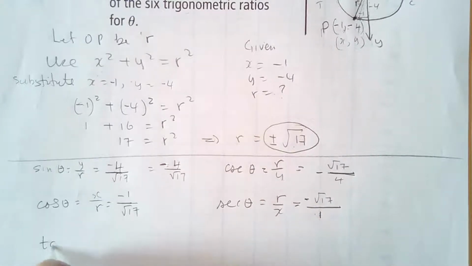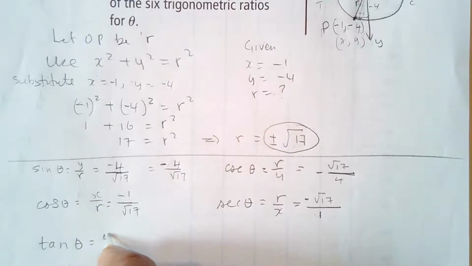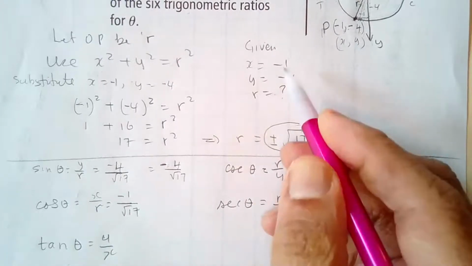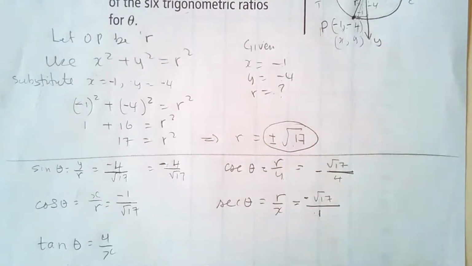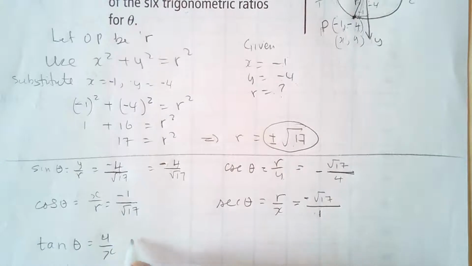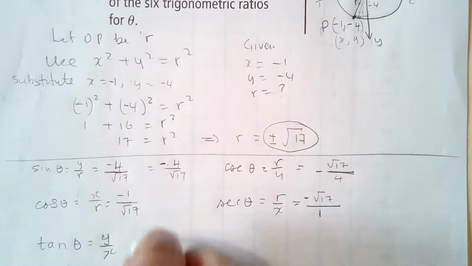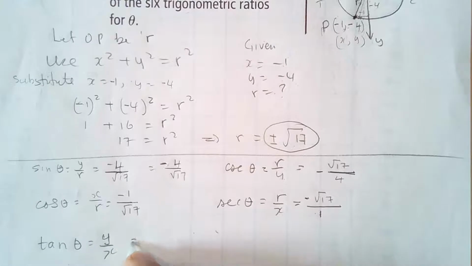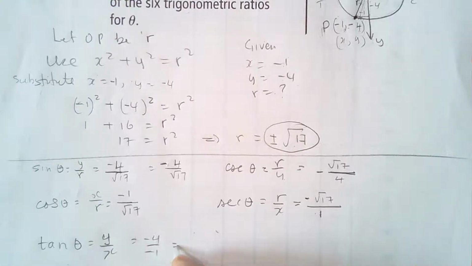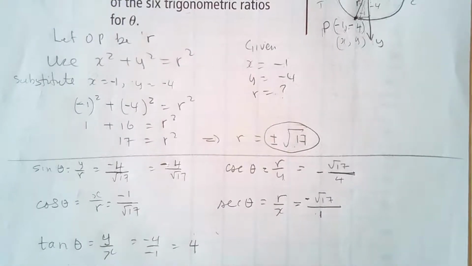The last one is tan theta, which we know is y over x, and here it worked out because it's positive in this quadrant here, quadrant 3. So we have -4 over -1, which will be equal to 4.